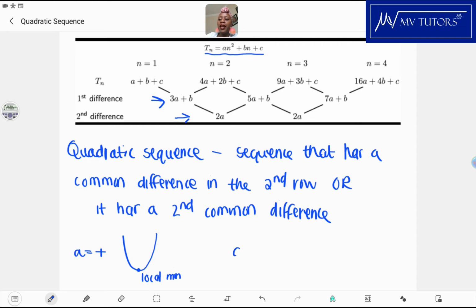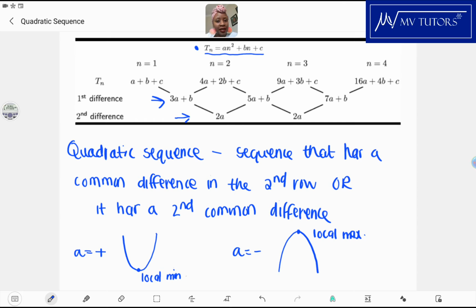And if a is negative, then you have a sad face parabola with the turning point there being your local maximum. It's better to just visualize it in your mind, because sometimes they will ask you questions pertaining to the local maximum and minimum. So that is the general term formula.